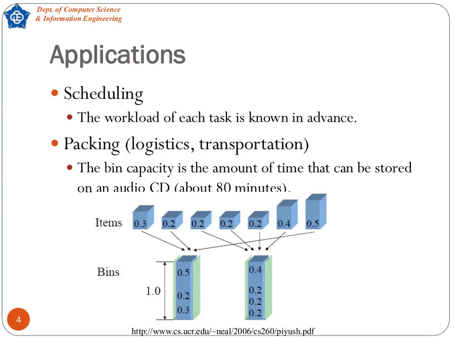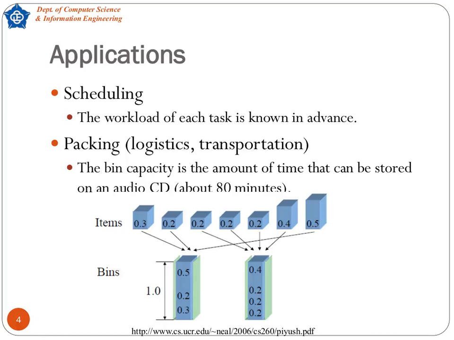Second, we have packing scenarios, which are frequently found in logistics and transportation. Here, the idea of bin capacity can be elegantly illustrated with an everyday example: the amount of time that can be stored on an audio CD, typically around 80 minutes. This acts as our bin capacity.